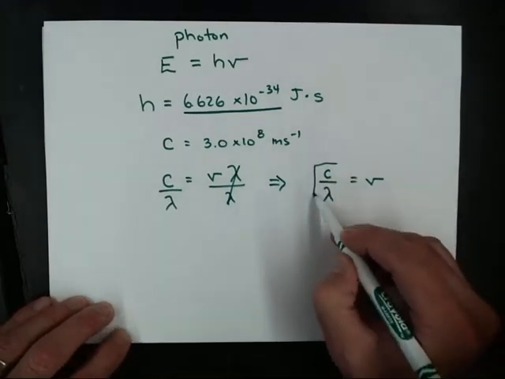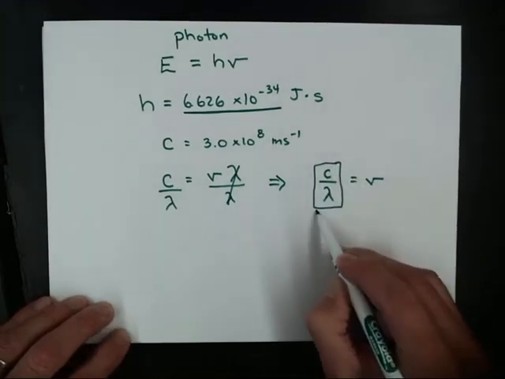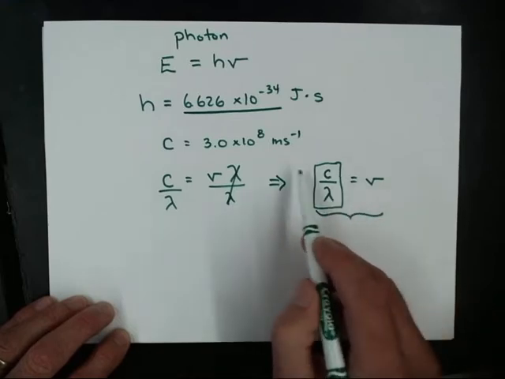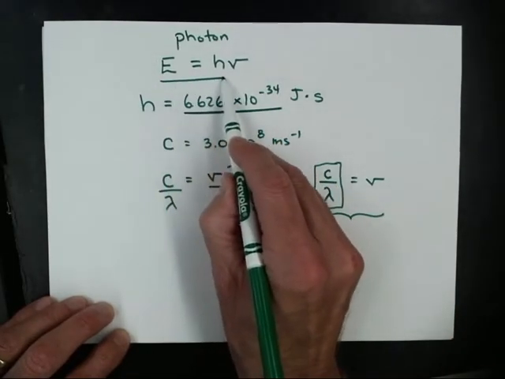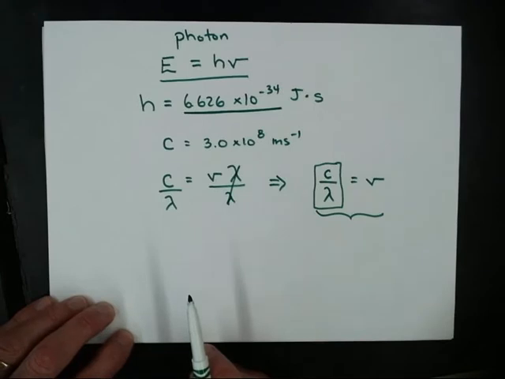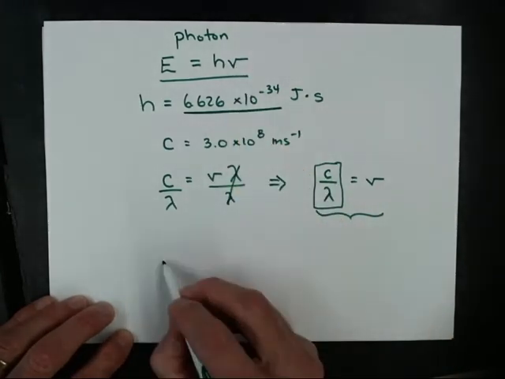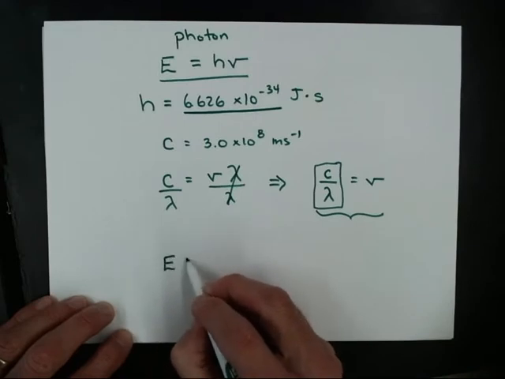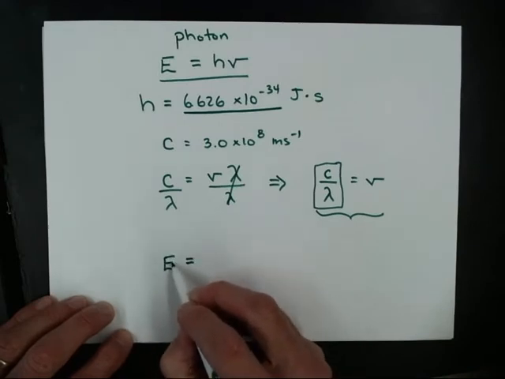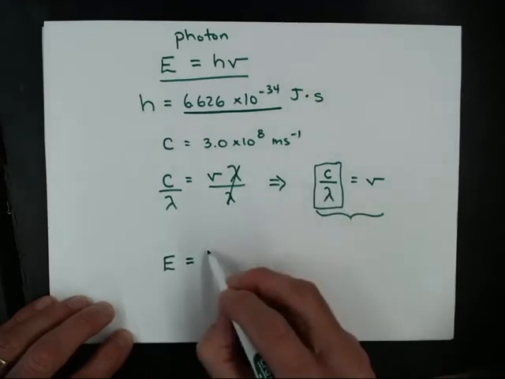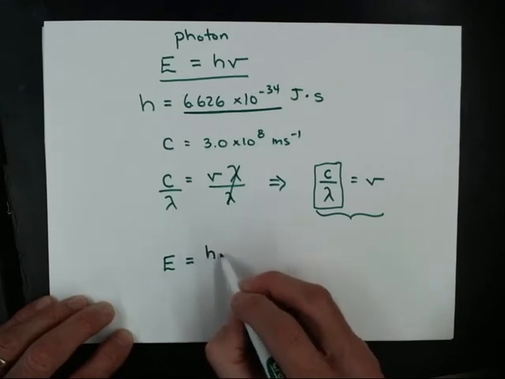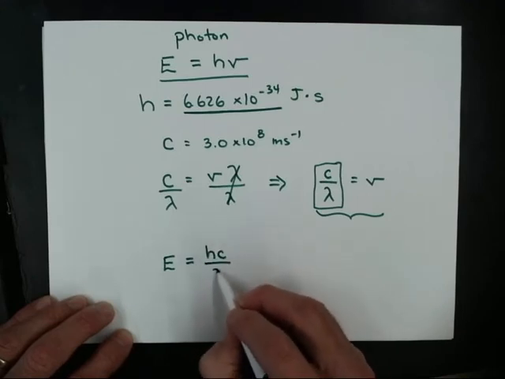And if I take this portion of this equation and I substitute it back into my original equation for the energy of a photon, so we're going to plug in c over lambda for the frequency, we get another equation that allows us to relate the energy of a photon with its wavelength. So that's going to be energy is hc over lambda.